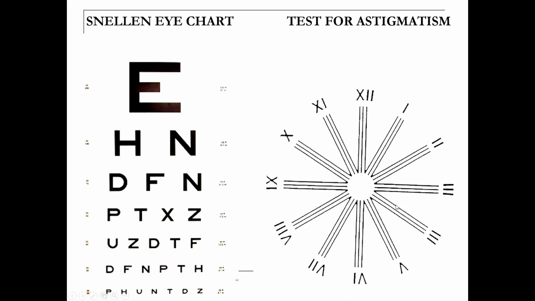This is how an individual with astigmatism would see, instead of all the lines looking exactly the same. The damage to the cornea, the thickness of the cornea, is affecting their ability to have the light rays strike the retina properly. Now, fortunately, astigmatism is one of those things that we correct easily with glasses.